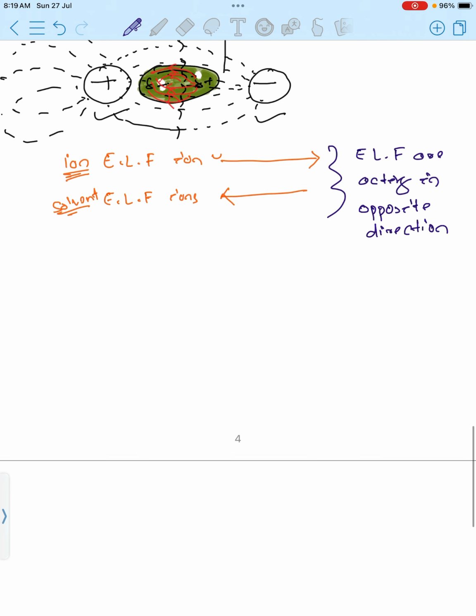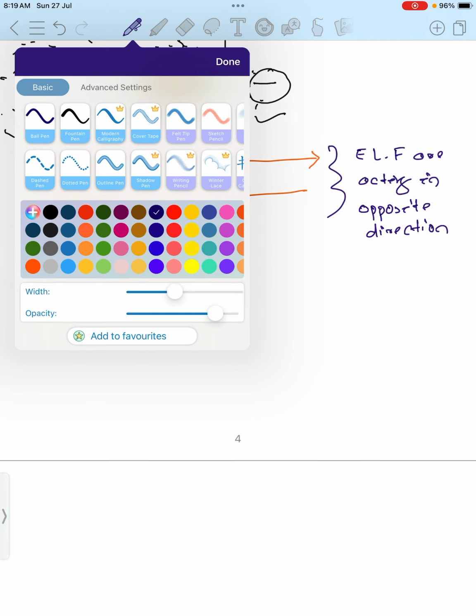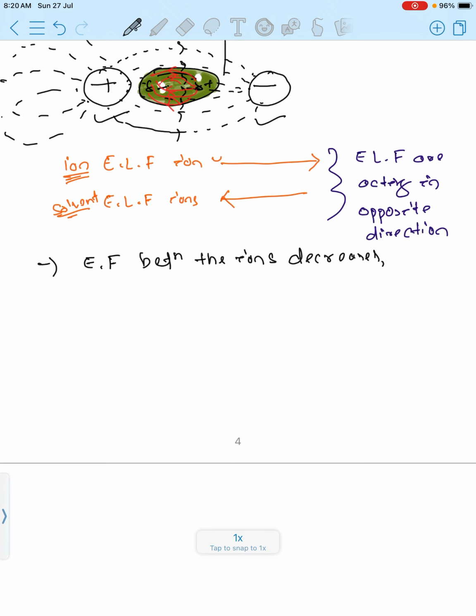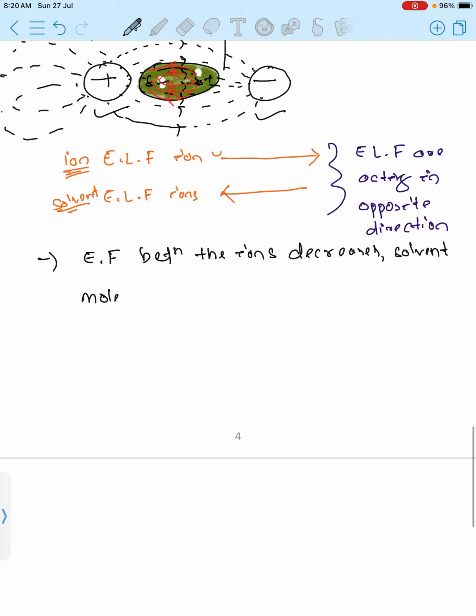So what will happen? As a result of the entry of the solvent molecules, the electric field between the ions decreases. Why? Because solvent molecules compensate for the electric field.